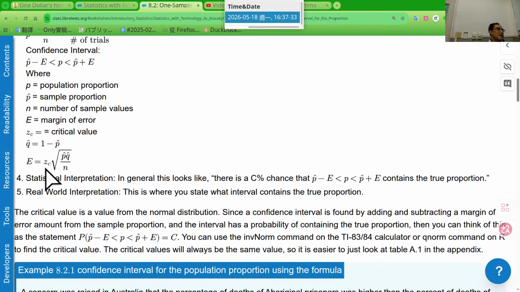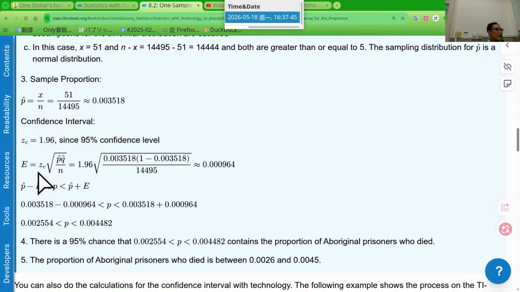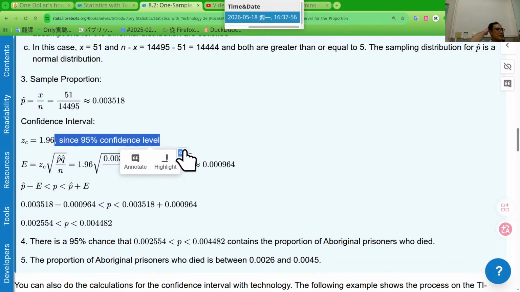E is the critical value zc times the square root of p hat q hat over n. The critical value zc is 1.96 because 1.96 is for the 95% confidence interval.